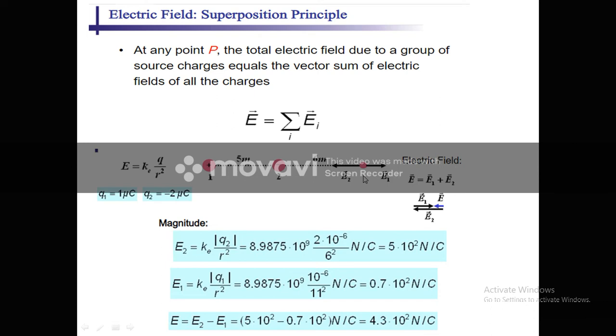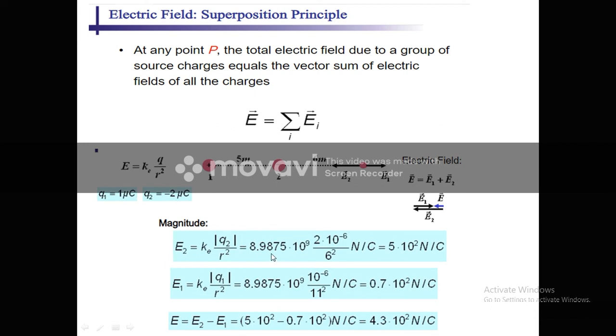So what would be the net direction for the E? Here, first of all, we will find the magnitude of E2, the electric field intensity applied by the charge 2. So k Q2 over r square. Okay, this is 6 meters, and from 1 to 2 we have a distance of 5 meters.